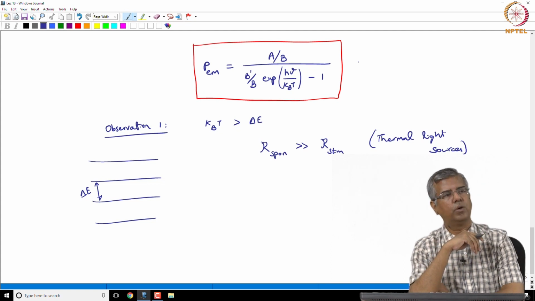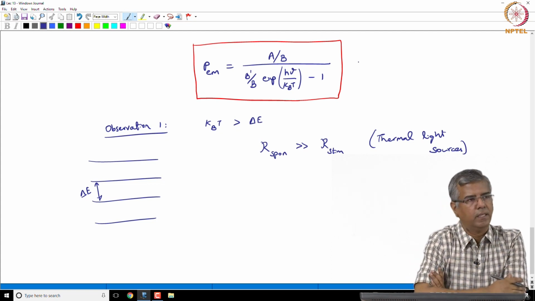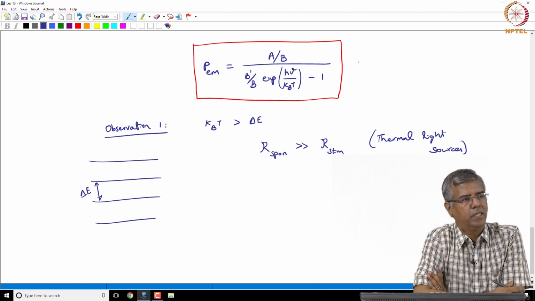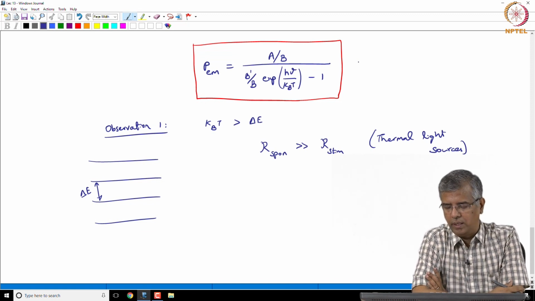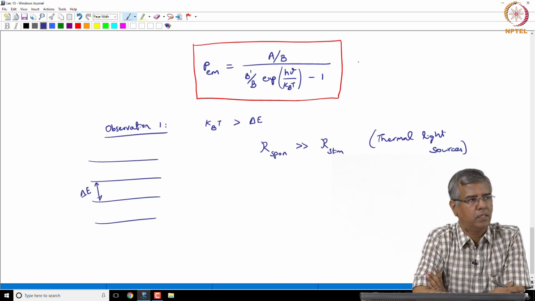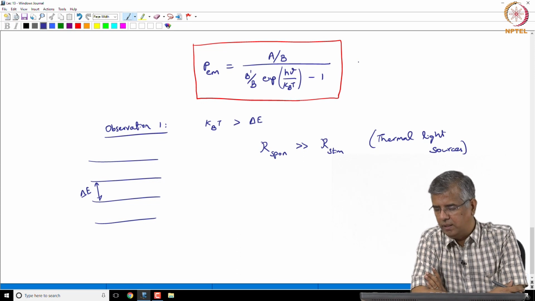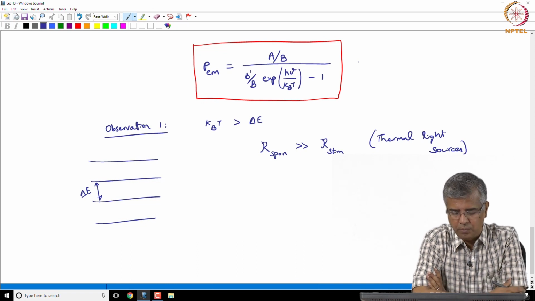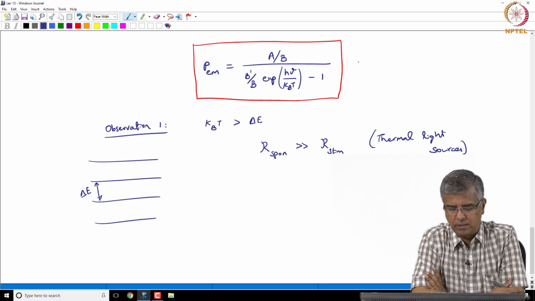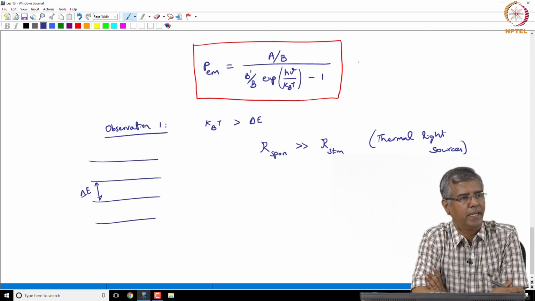But nevertheless, what we will find is that the spontaneous emission is more probable compared to stimulated emission, and this is the characteristic that you find with thermal light sources. Okay. So, what we were talking about at the end of last session was that this is the condition for incandescent light sources.